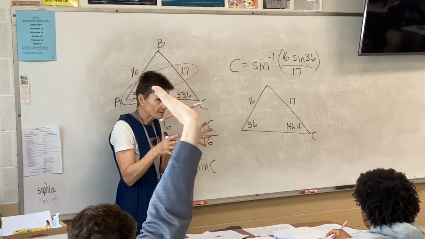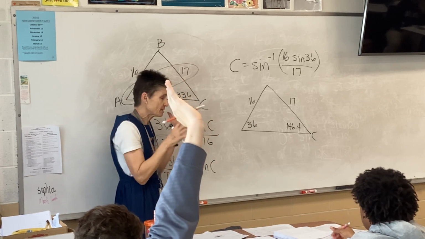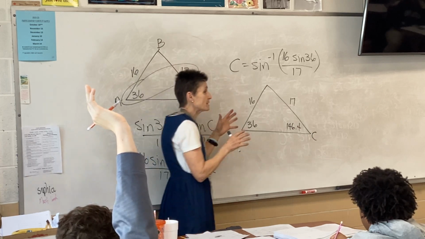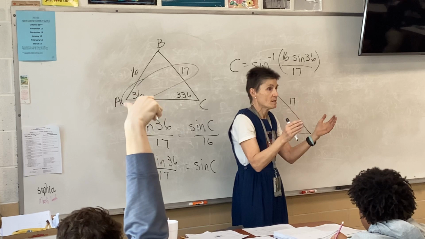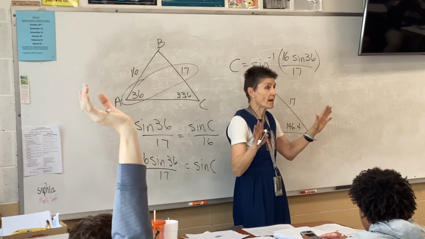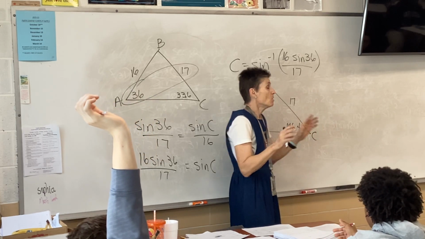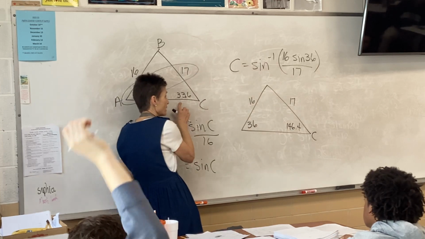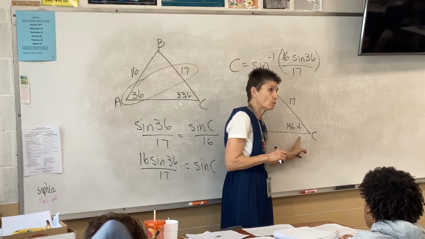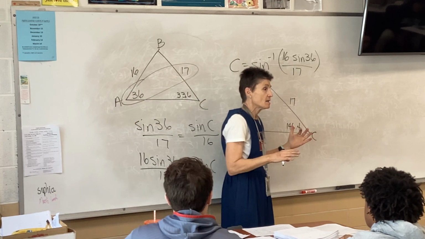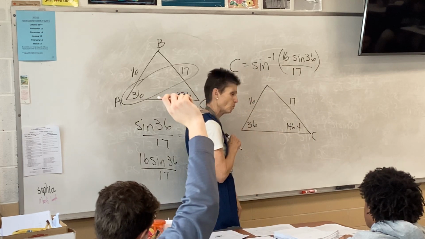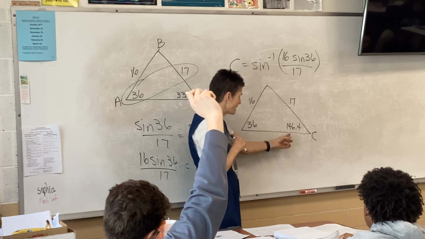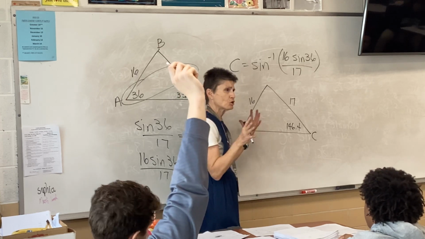Now, Chris is sitting there saying, okay, I get this whole idea that when you tell me the sine of an angle is 0.2, there's two angles that have that sine. One of them is 33 and one of them is 146. That's fact. But Chris is saying, wait a minute, I don't think that's going to work. Why is that not going to work? Two things.